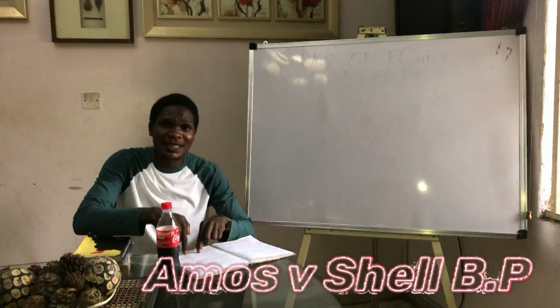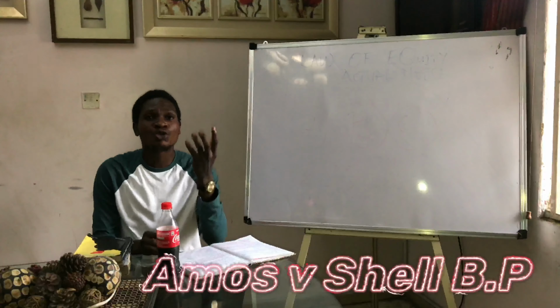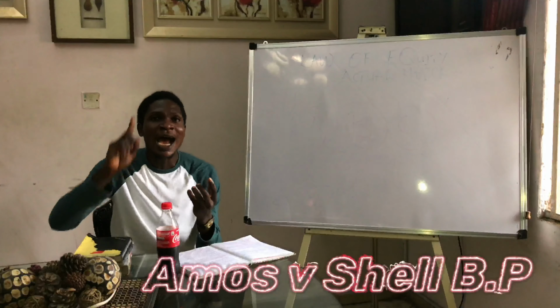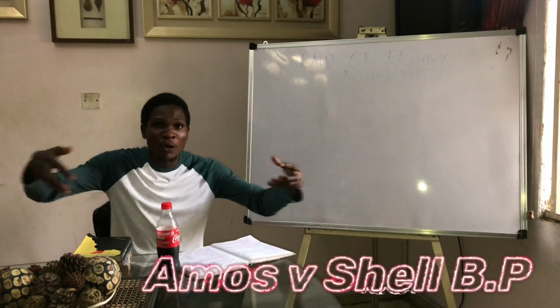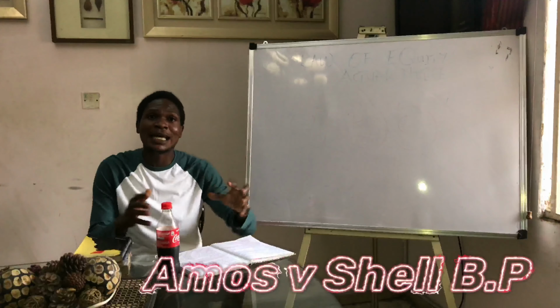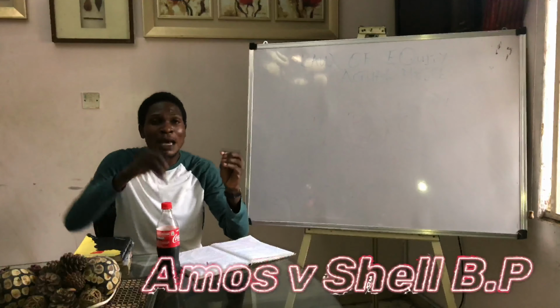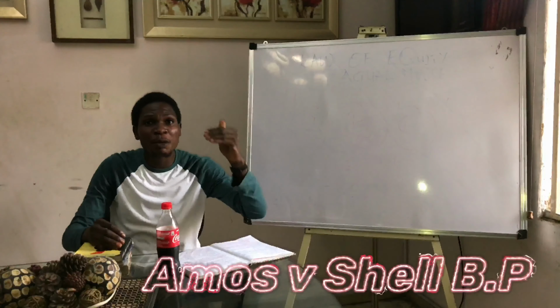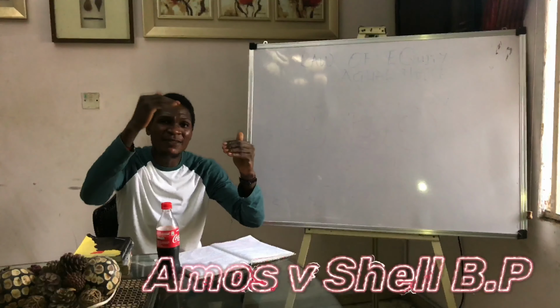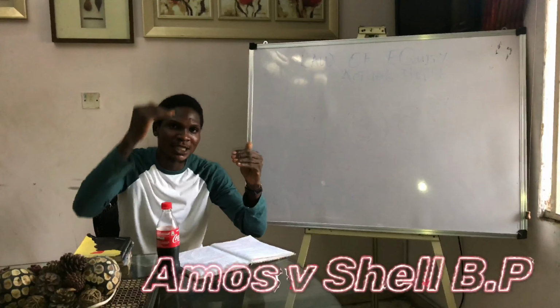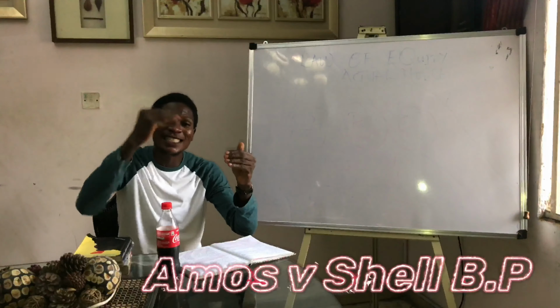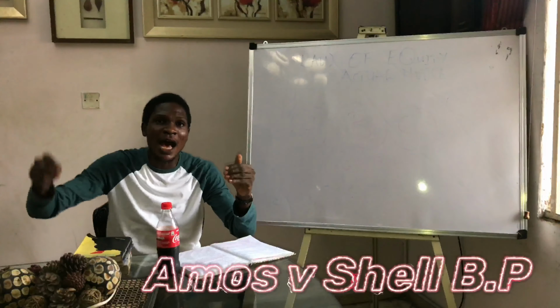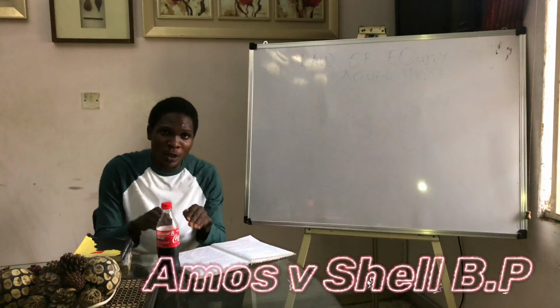The court held in that case that yes, they can sue on behalf of the community. However, if we are saying that there are 10 people joined to that particular suit, those 10 people must prove individually their damages. They must prove individually special damages that that particular act of Shell BP has caused to them.